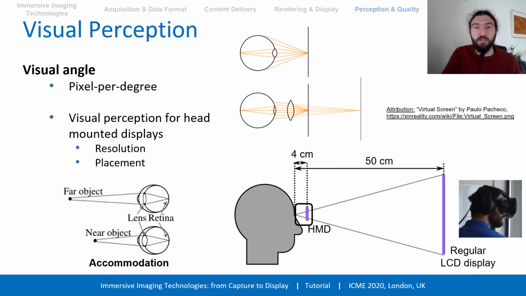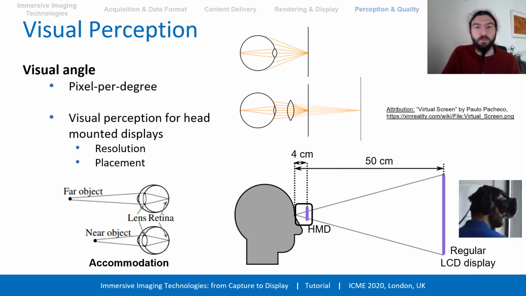However, our eyes cannot keep things that are very close to our head in focus. That is, our eyes are not capable of accommodating to that plane. The minimum distance for accommodation is around 10 centimeters for adults, so things need to be at least 10 centimeters from our eyes for our eyes to be able to focus on them.